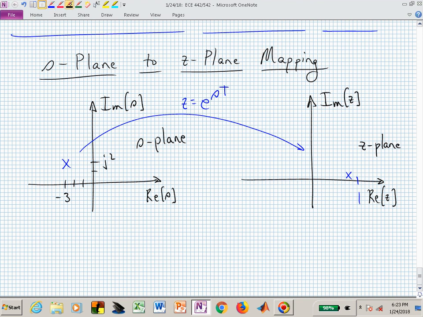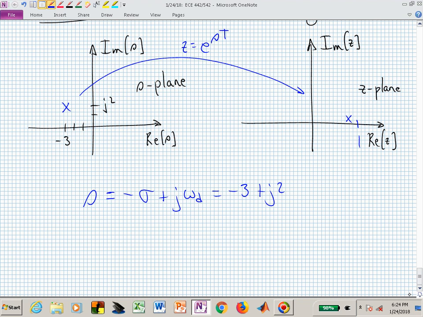Notationally, I'm going to be introducing a lot of different parameters. I might call this S is equal to a real component minus sigma plus j omega sub d. In our case, that was minus 3 plus j2. The omega sub d, the d in the subscript, stands for the damped frequency of oscillation.